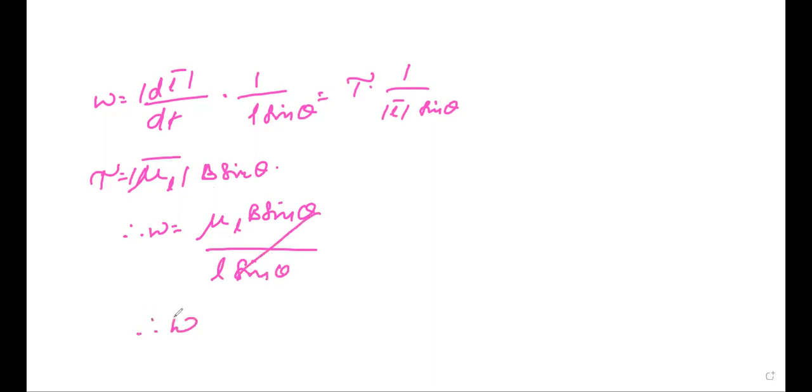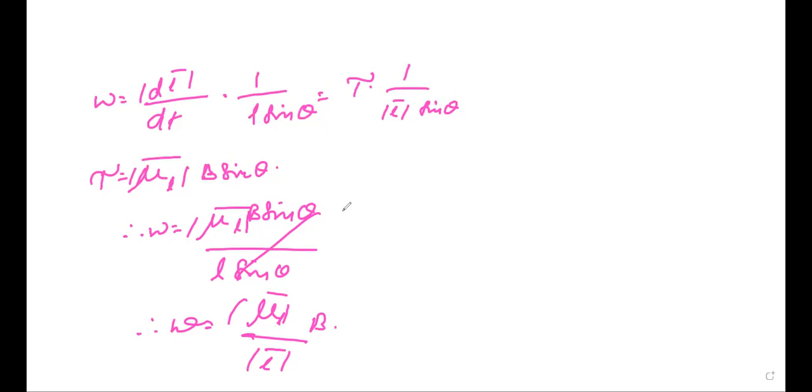So omega, the angular velocity of precession, is equal to modulus of mu L bar, only the magnitude, by modulus of L bar, into B. Thus the angular velocity of Larmor precession is equal to the product of the magnetic field and the ratio of the magnetic moment to angular momentum.